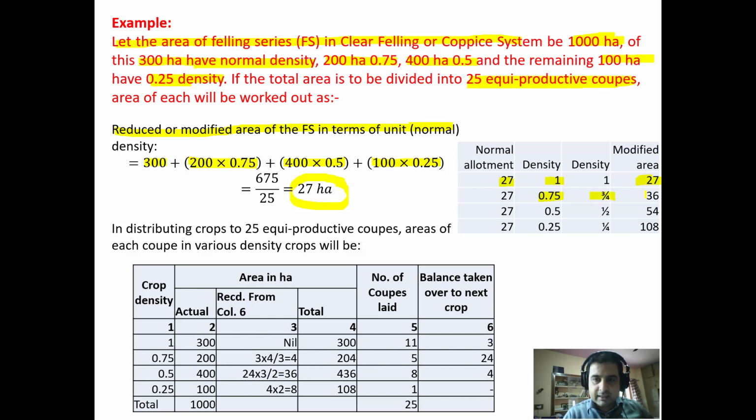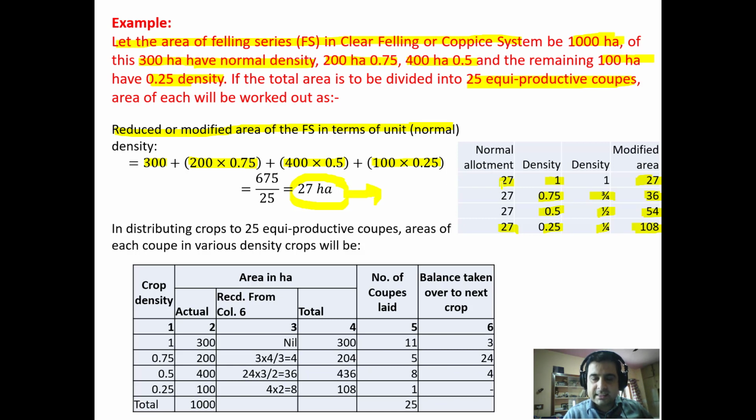So we get 36. Likewise for density 0.5, which means 1 by 2, 27 is to be multiplied by 2, the reverse of 1 by 2, and it becomes 54. And in the last case, 0.25 means 1 upon 4, 27 is to be multiplied by 4, which gives 108.